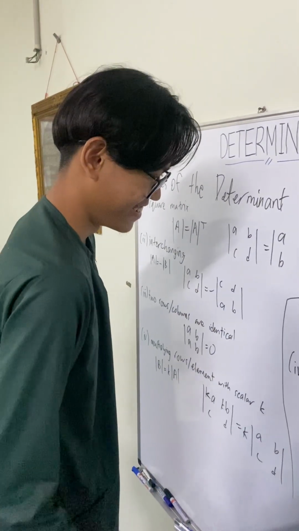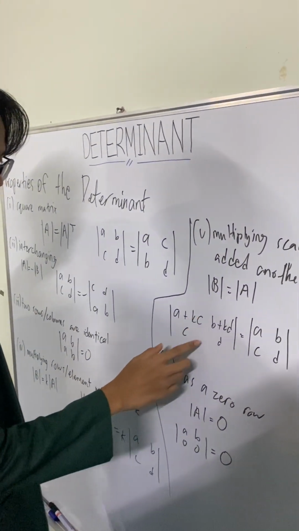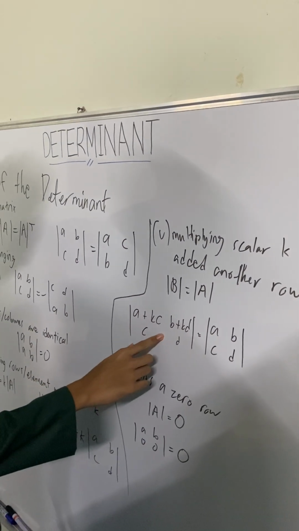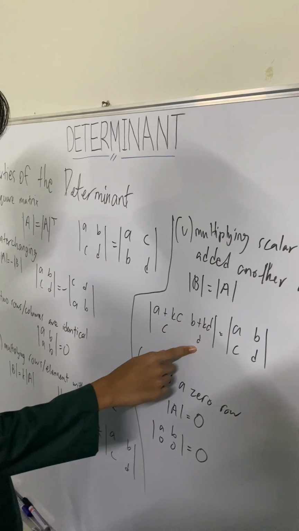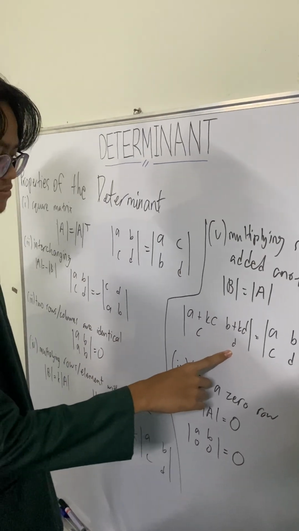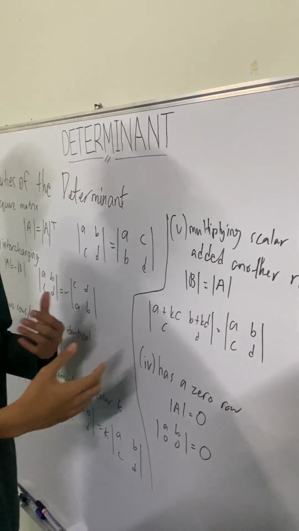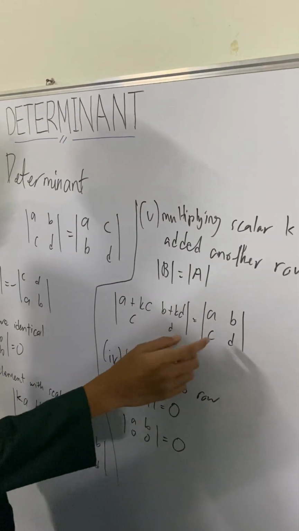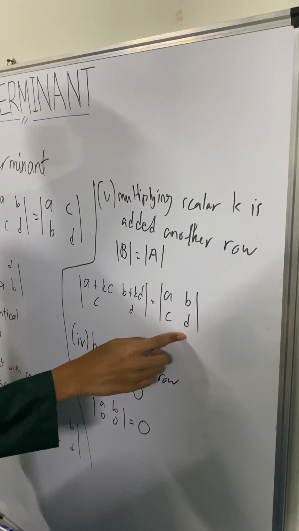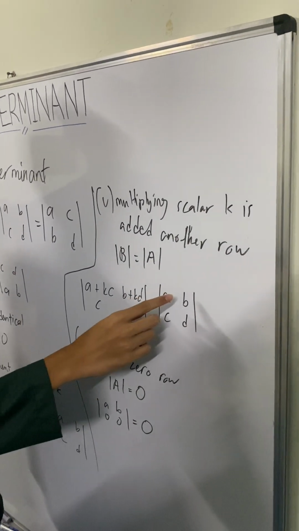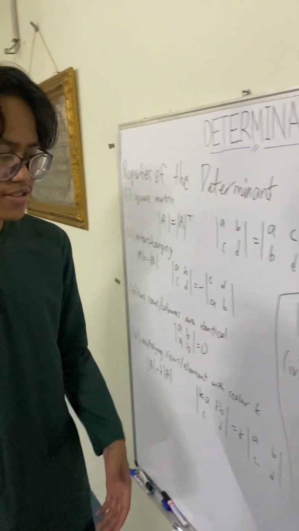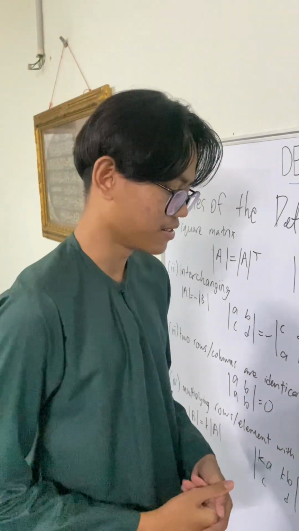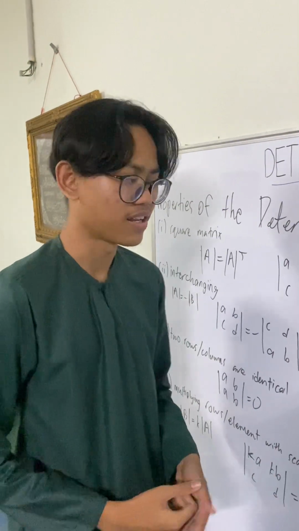Okay. So this will cancel out, and A plus B K C with B will cancel out each other, but so at the end we still get A times D minus B times C. So just use basic equations, just like the others.